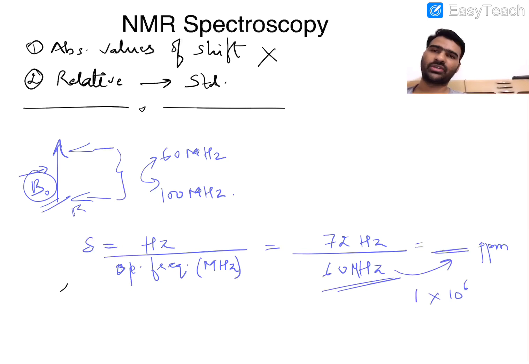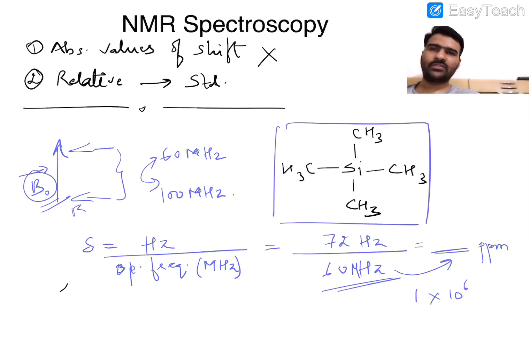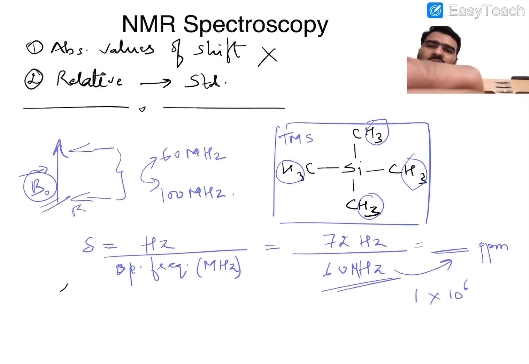The reference compound that is used to measure shift with respect to is this very famous compound called tetramethylsilane, or TMS, and this TMS is used to give an intense signal at an arbitrary delta value of 0 ppm.